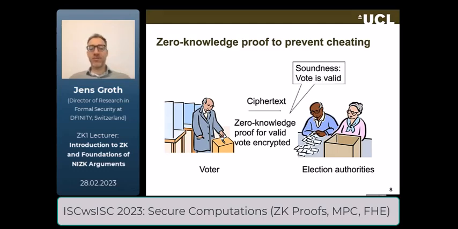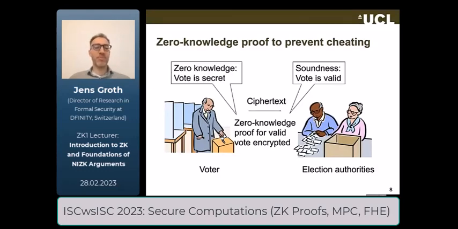Now, the election authorities are protected by soundness, so they're happy. Now they know the vote inside the ciphertext is valid, and it's not going to mess up the election. And the voter is happy because it's zero knowledge, so the vote is still secret, it's still encrypted, and there's no information about what his vote was.